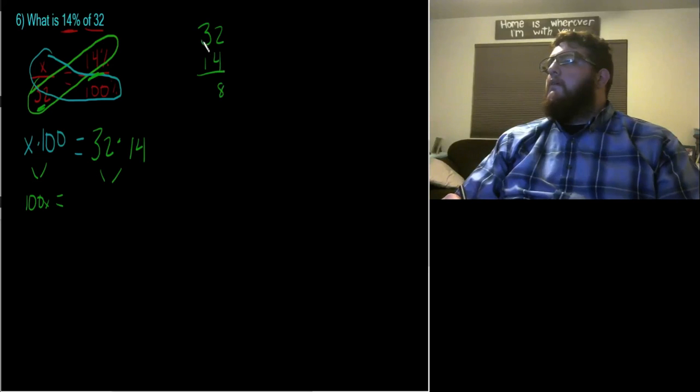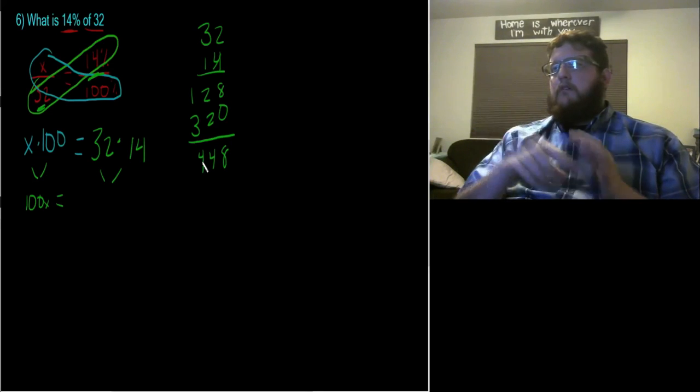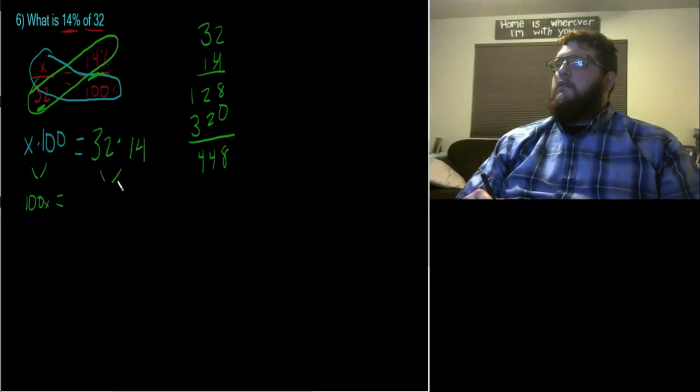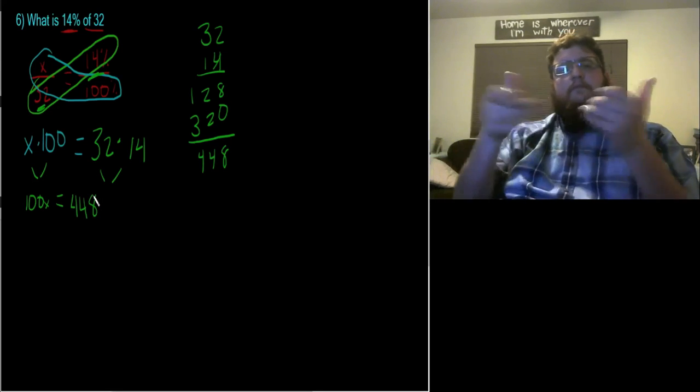4 times 2 is 8. 4 times 3 is 12. Now we'll cross that out and move to the next place. Put down my placeholder. 1 times 2 is 2. 1 times 3 is 3. Now I can just add those up. I get 448. So now I need to isolate the variable.